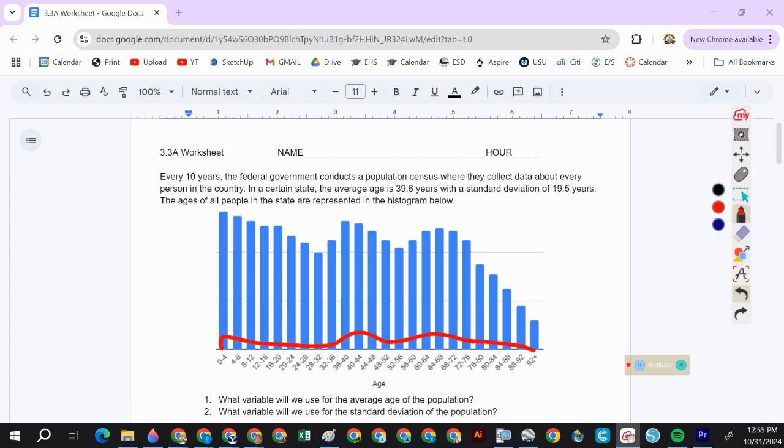And if we do a simple random sample, chances are that's what's going to happen. So our sample average should be relatively close to the actual average. Our sample standard deviation should look very similar to the population standard deviation. And the shape of the sample histogram should look the same as the shape of the original histogram.